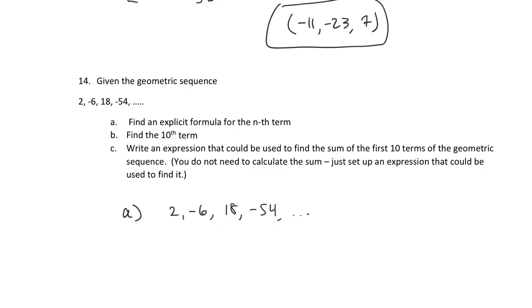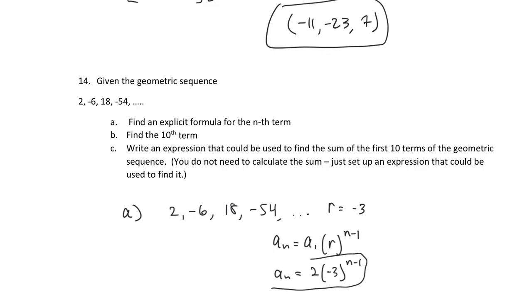So that makes it geometric. The common ratio is negative 3. So the nth term formula, the explicit formula, is first term times r to the power of n minus 1. So the first term is 2, common ratio is negative 3 to the power of n minus 1.